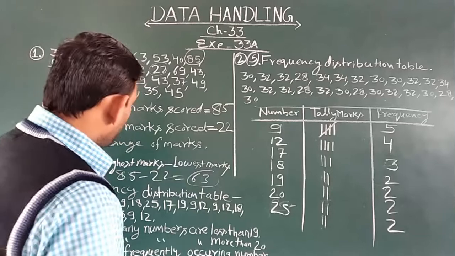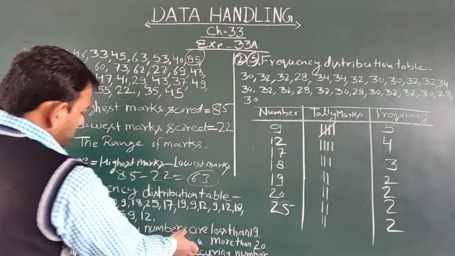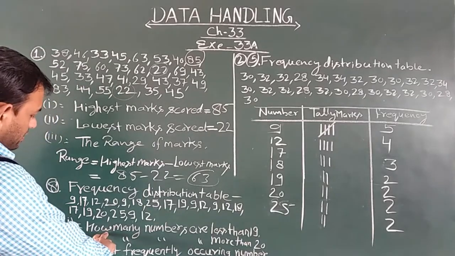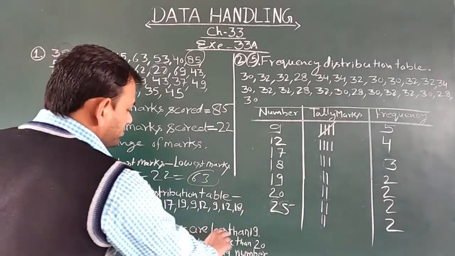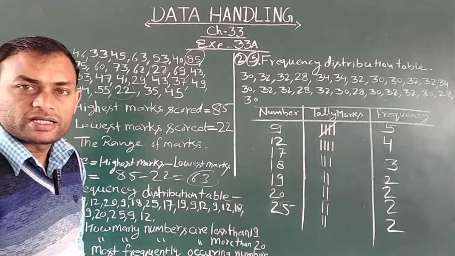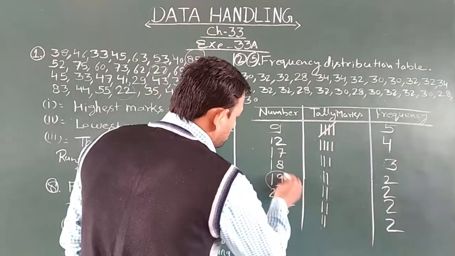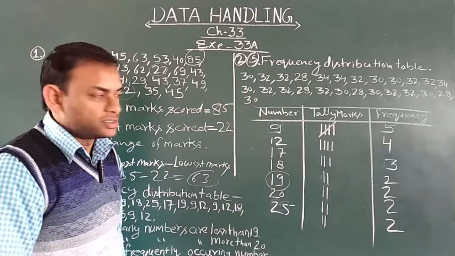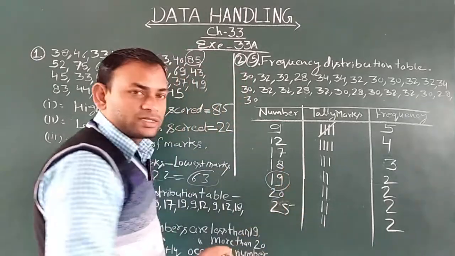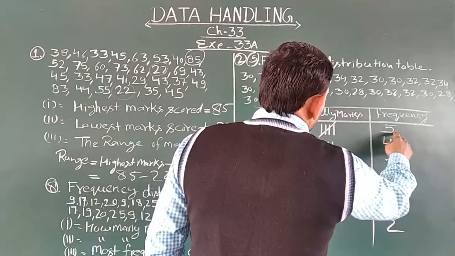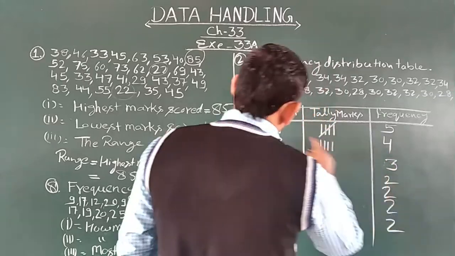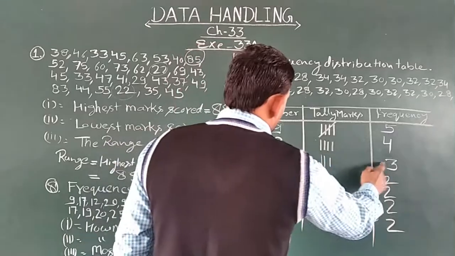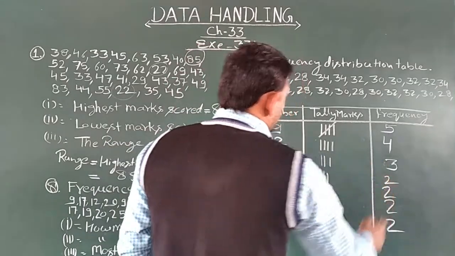Got it? Now we will answer the questions of question number 8. The first question is: how many numbers are less than 90? These are the numbers which are less than 90, so we will add their frequencies. 9 has come 5 times, 12 has come 4 times, 17 has come 3 times, and 18 has come 2 times.